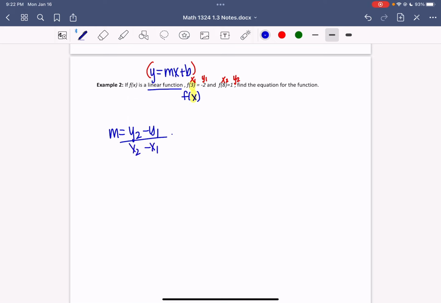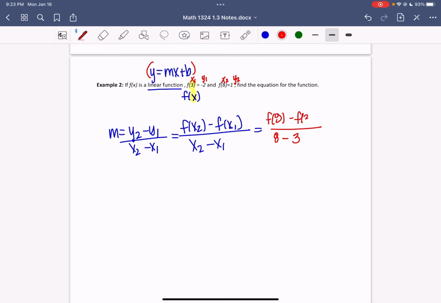So I'm going to use y2 minus y1 over x2 minus x1, or in this case, since it did use the function notation, we could use f of x2 minus f of x1 all over x2 minus x1. So plugging in those values, I'm looking at x2, which is 8, minus x1, which is 3.